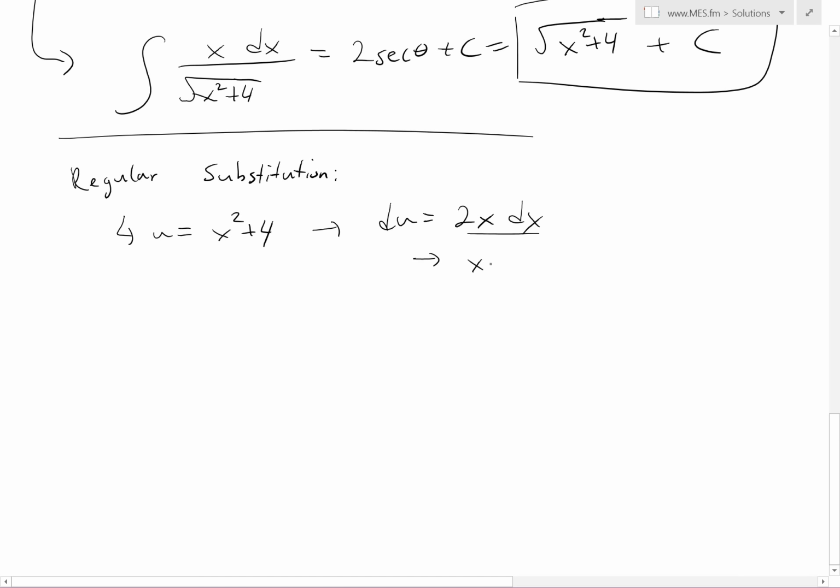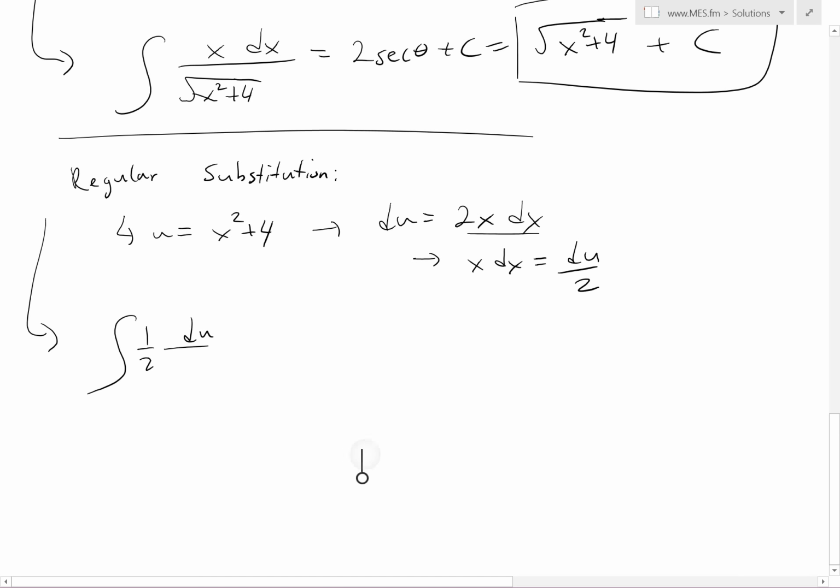This basically means x dx is equal to du over 2. Just divide this out. So we can already plug everything inside. The top part is going to be du over 2, or I'll just write this as 1 over 2 du.